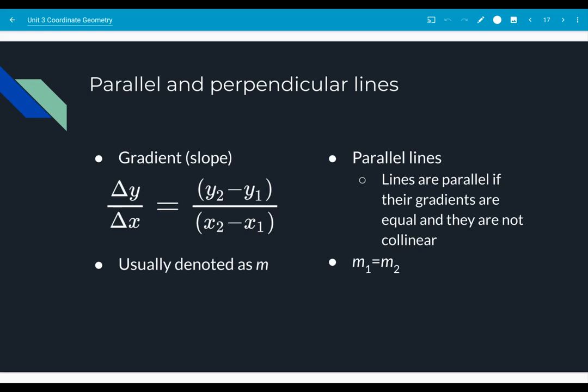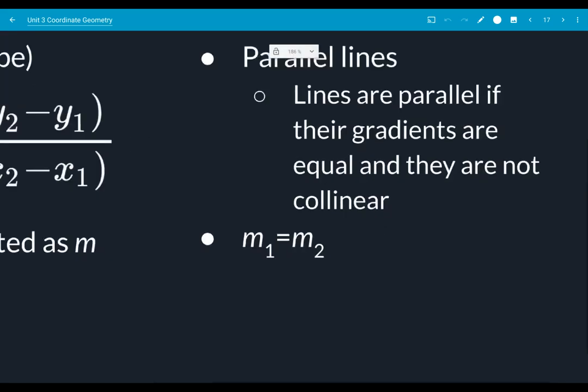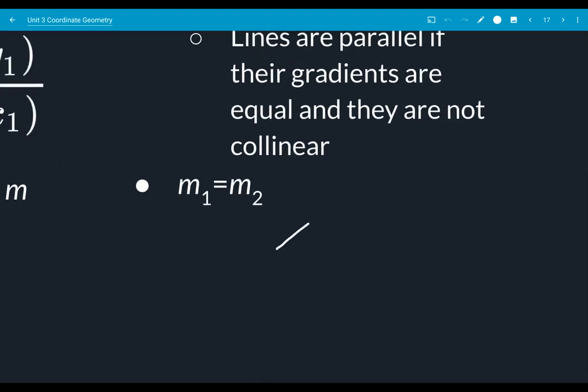Recall that two lines are parallel if their gradients are equal. So if their slopes m1 and m2 are equal, then they are parallel, so long as they're not collinear, meaning so long as they're not the same line. Two lines that are the same line can't be parallel. Let me draw that out because that might be confusing. This line and this line both have an m of 2.